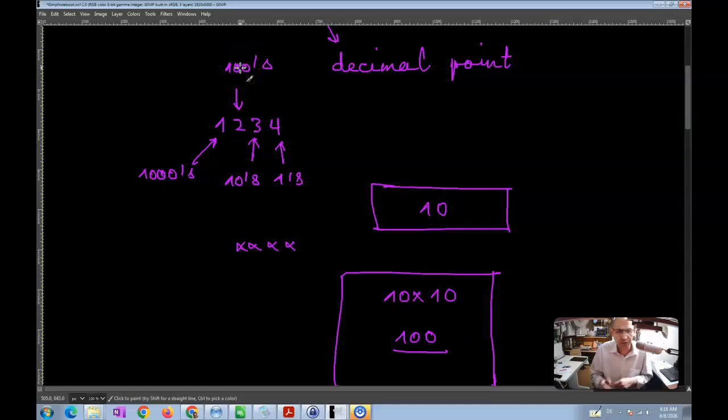And then again, when you put 10 of these boxes together, that becomes 10 times 100, which is 1,000. So that's a 1 over here. That means one of those bigger 1,000 boxes. So that's the meaning of these place values in a number that doesn't have the decimal point and the decimal part.